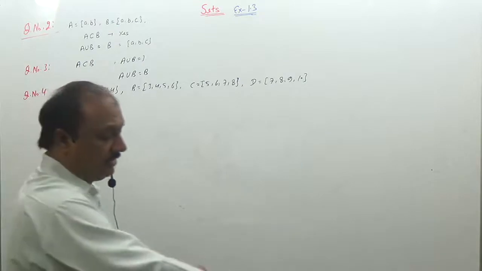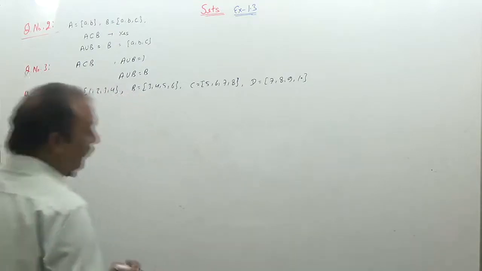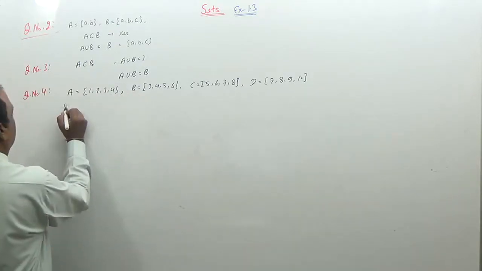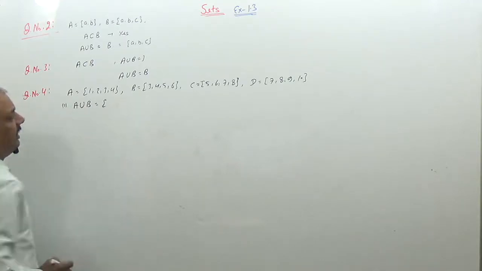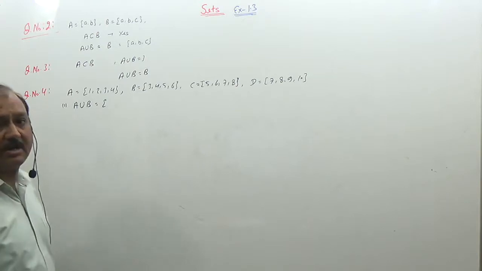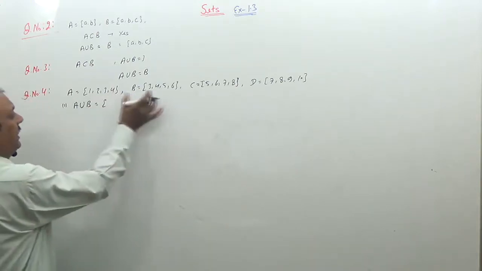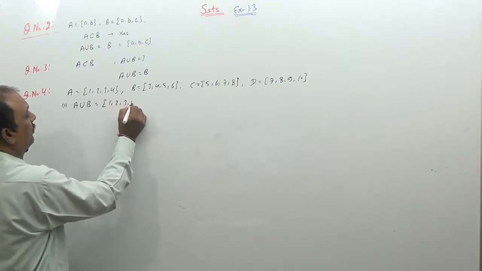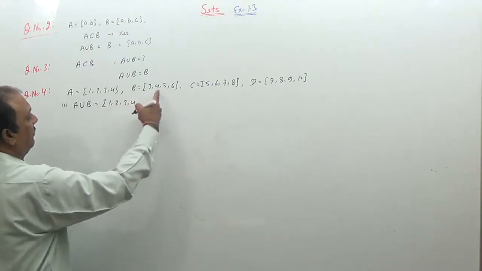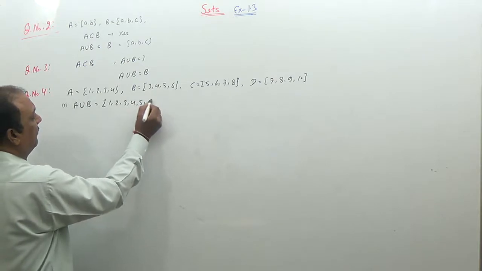Find the following. First is, what is A union B? A union B is the set combining A and B, which contains all elements of set A, 1, 2, 3, 4, and all elements of set B, that is 5 and 6.